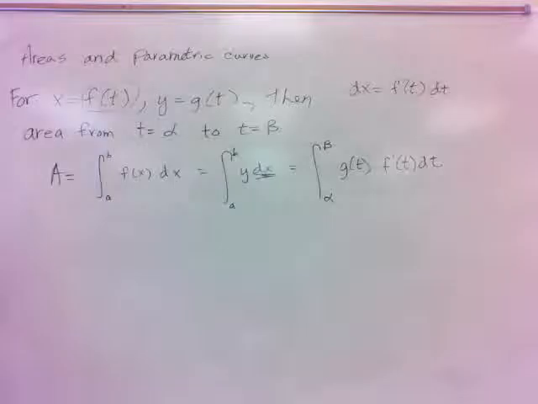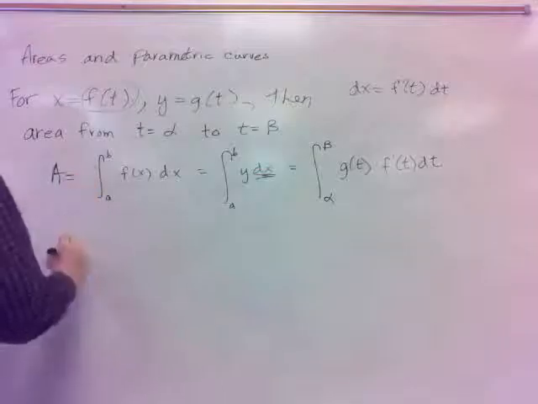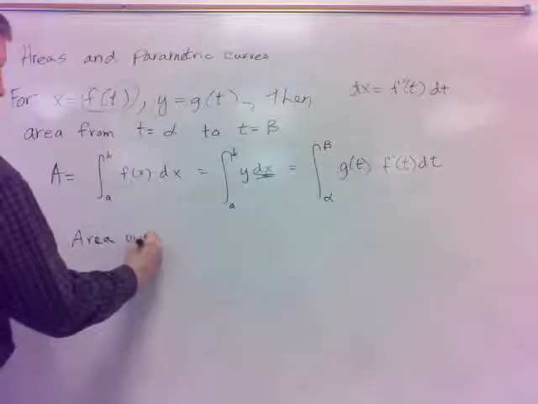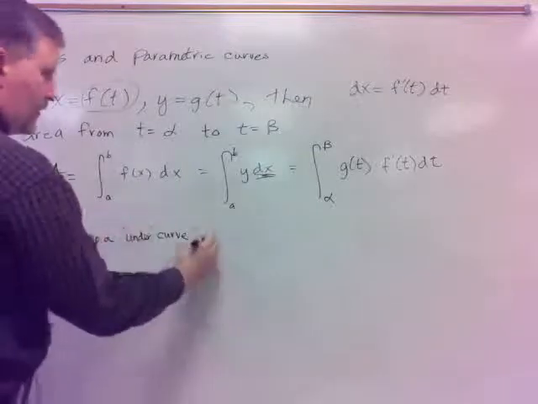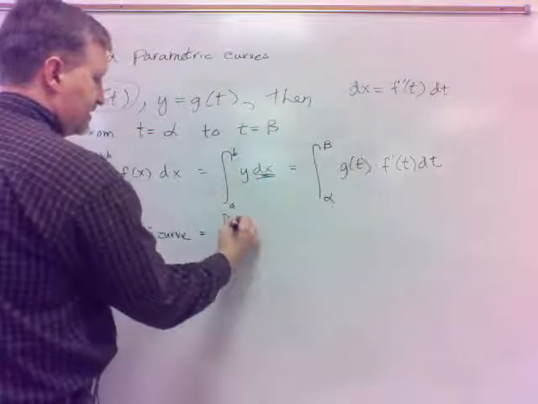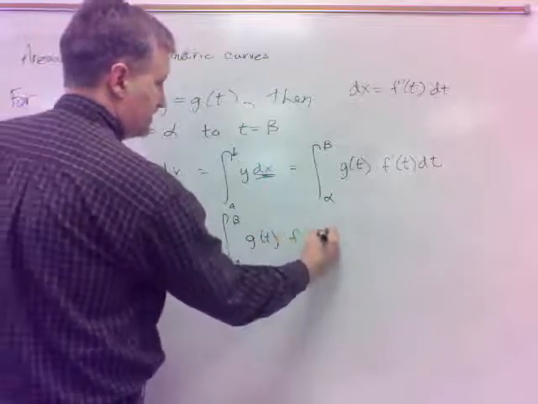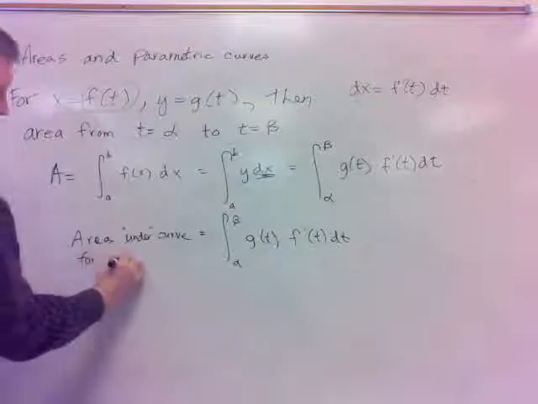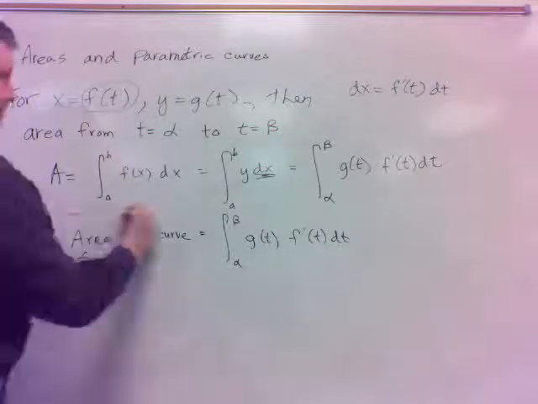So this is the area under the curve in parametric form. It's the integral from alpha to beta in terms of t, g of t, f prime of t, dt. So this is the area under the curve for parametric equations format.